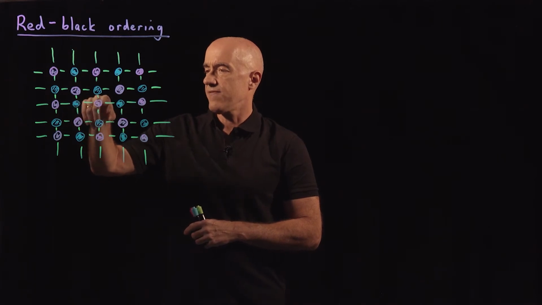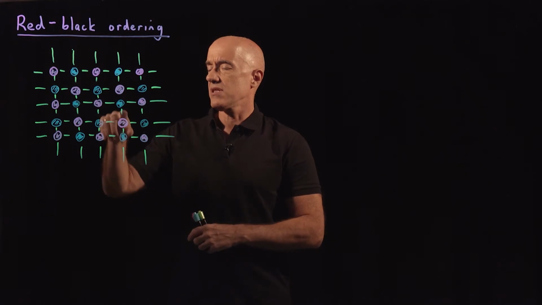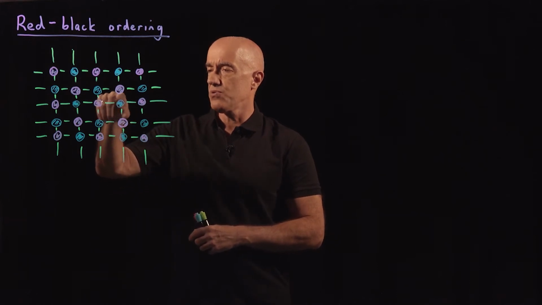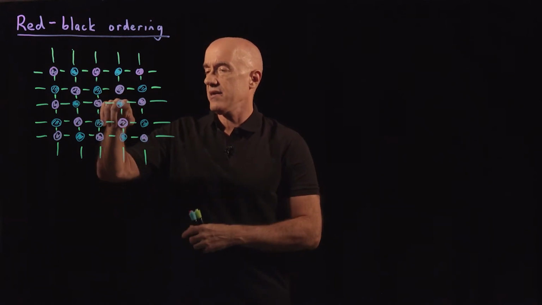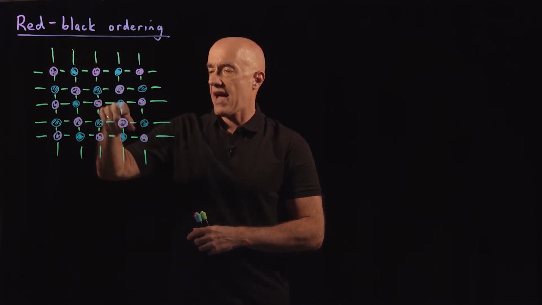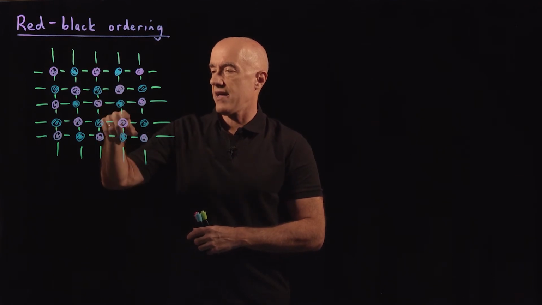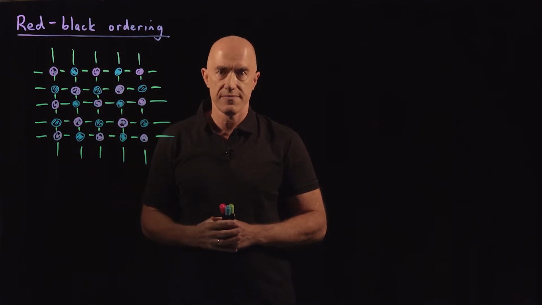So the value of phi on the red grid points is updated using the value of phi on the blue grid points. And similarly, in red-black ordering, the value of phi on the black grid points is updated using the values of phi on the red grid points.